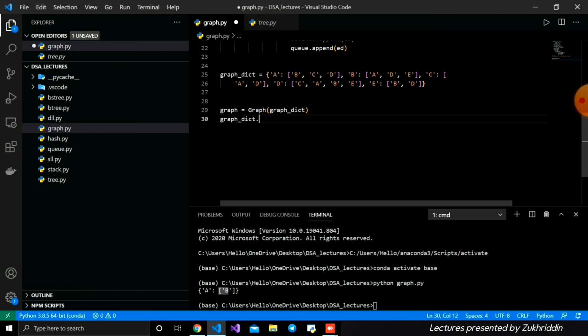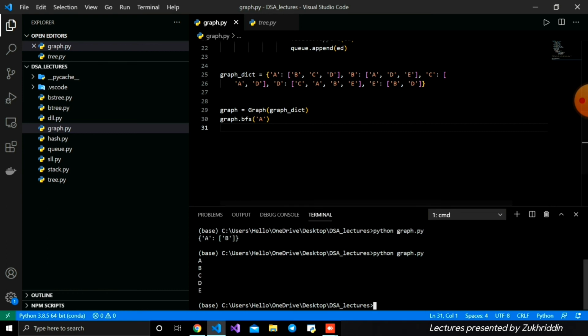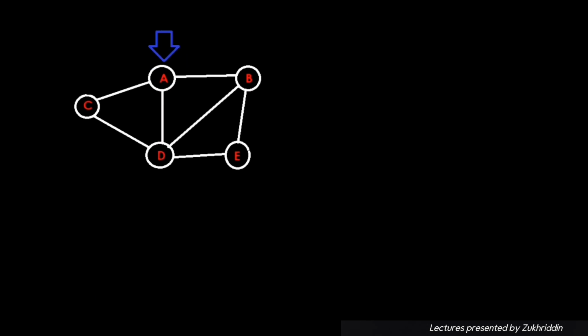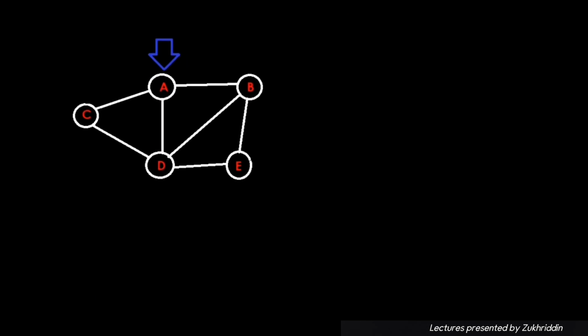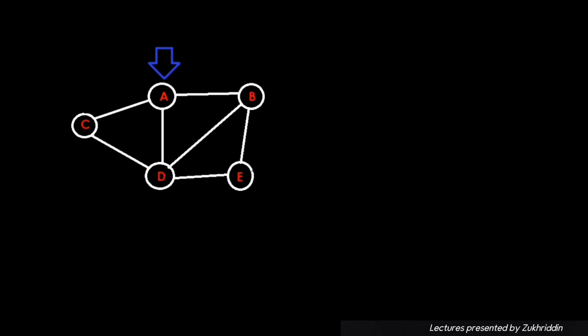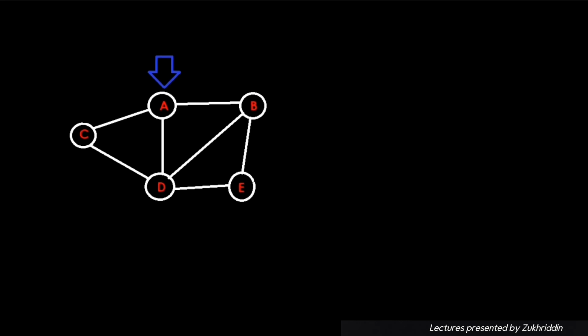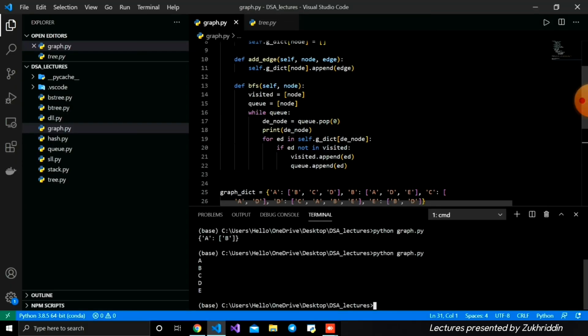Graph dot breadth first search, which is BFS, and I give the node, for example starting from A. I save it and print, and you can see we printed successfully: A, B, C, D, E. First we visit A, B, C, D, E as levels of the traversal. This is all about breadth first search, how it looks.